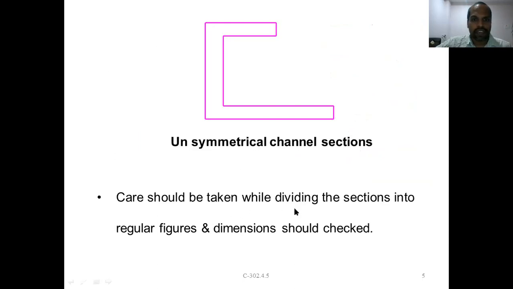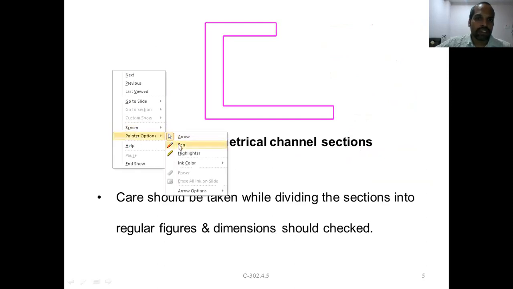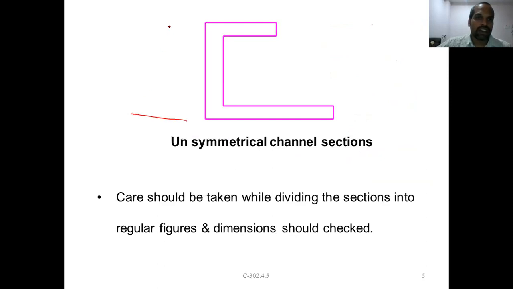Care should be taken while dividing the sections into regular figures, and the dimensions should be checked. So in most cases, let us say this channel section is given like this. Let us take it as 100 mm from top to bottom.